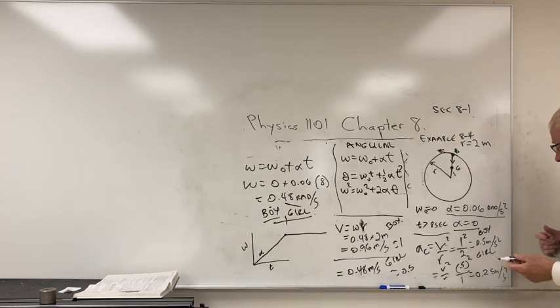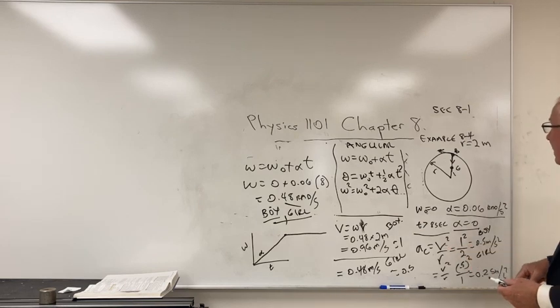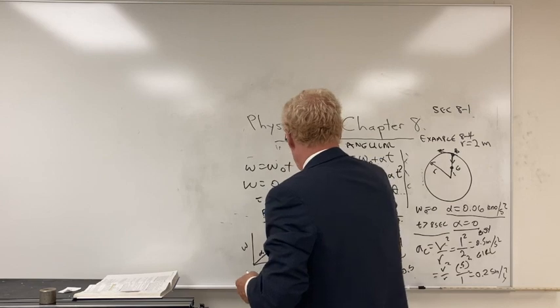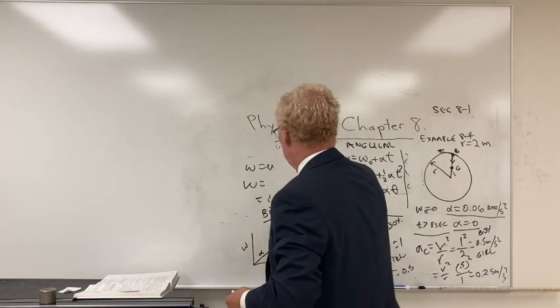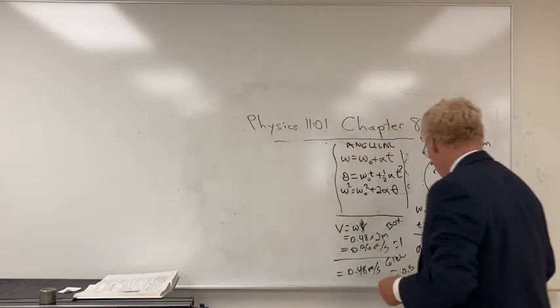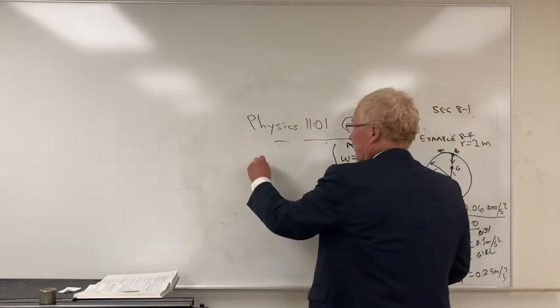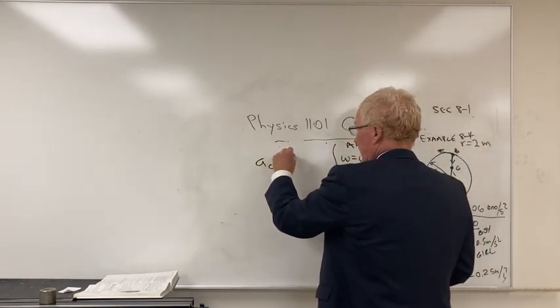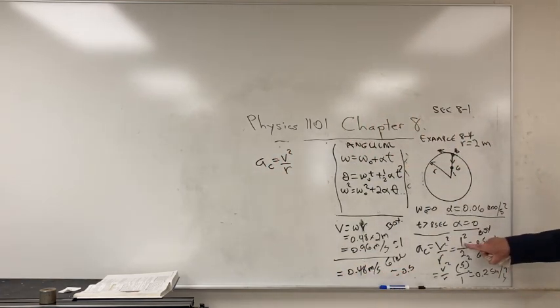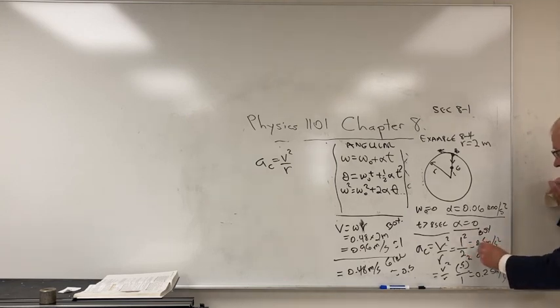Another way we could express this is, centripetal acceleration is v squared over r. For the boy it's 1 meter per second squared over 2 meters, so he gets 0.5.